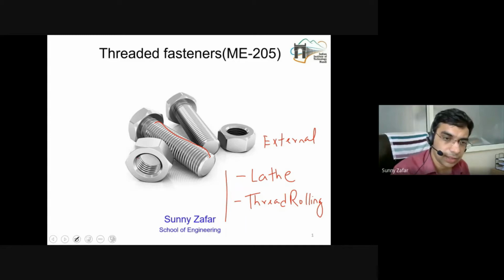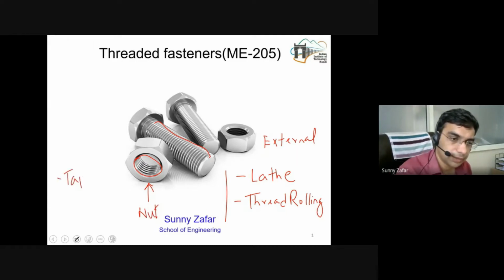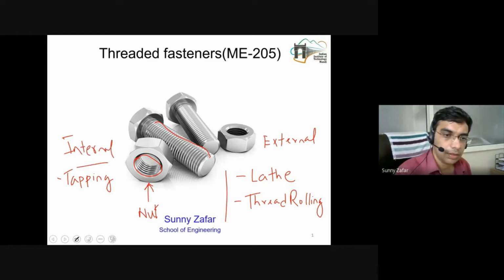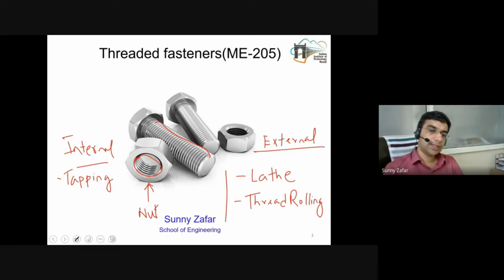Then there are threads which are also present on the internal surface, for example in this nut. These are produced essentially by tapping. Tapping is the process which is used to create internal threads. So two forms of threads exist.